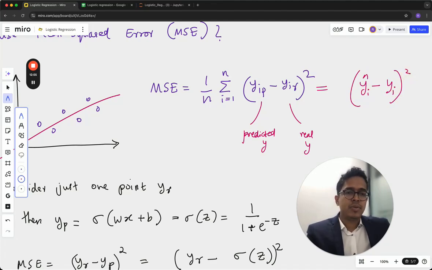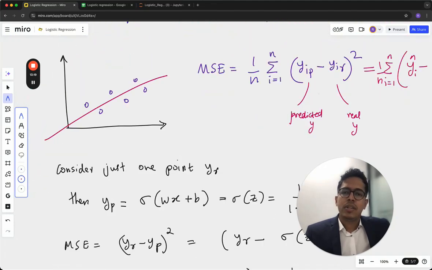This is for an individual data point. So here you have i running from 1 to 6. So you have i equal to 1 to n, where n is the number of points. And then you divide by n. Why? Because you want the mean value. So you are calculating the square of error, and the mean of the square of error, which is why you have sigma and divided by n.